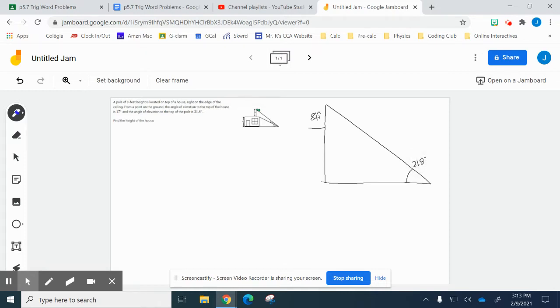Then we're told the angle to the top of the house, this angle right there, is 17 degrees.